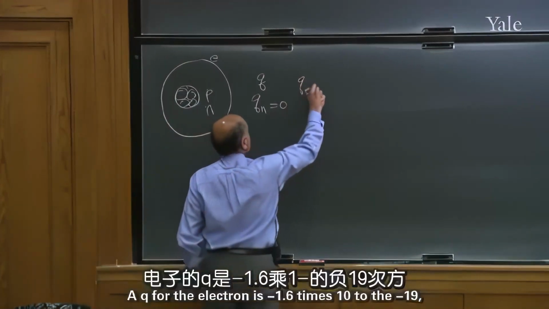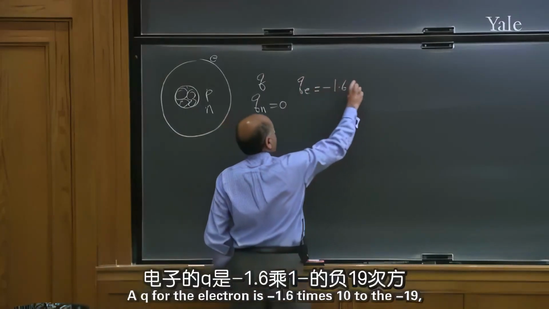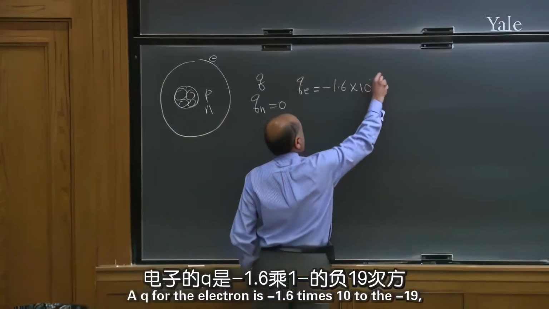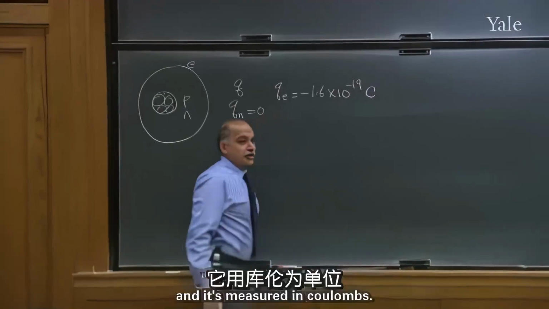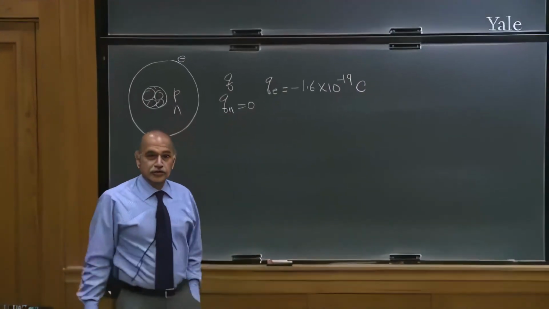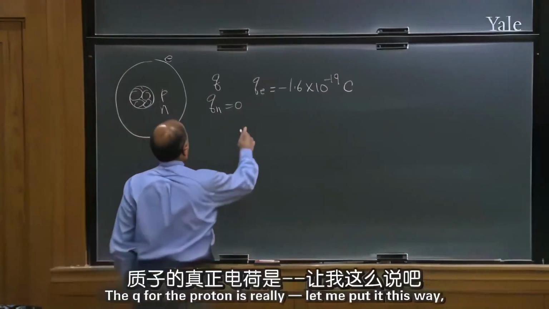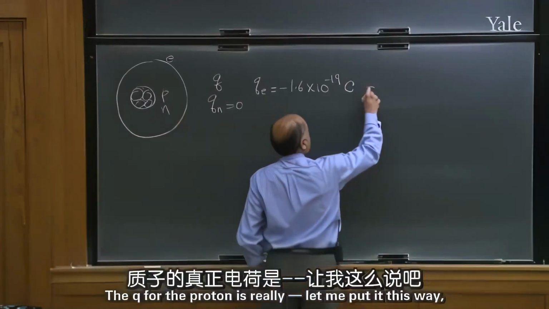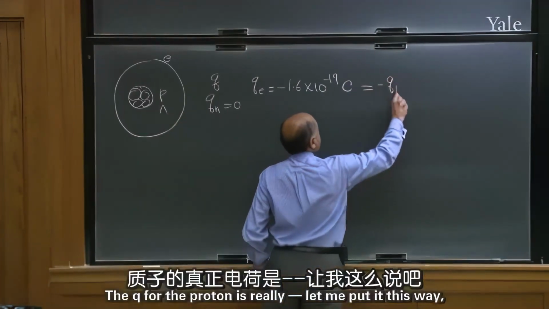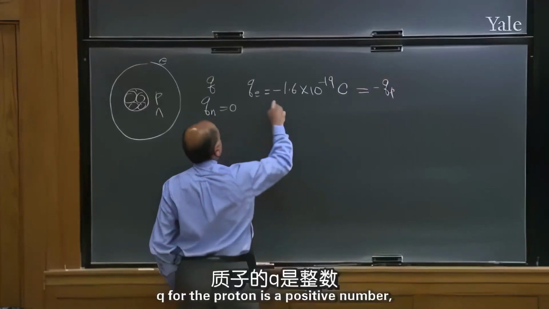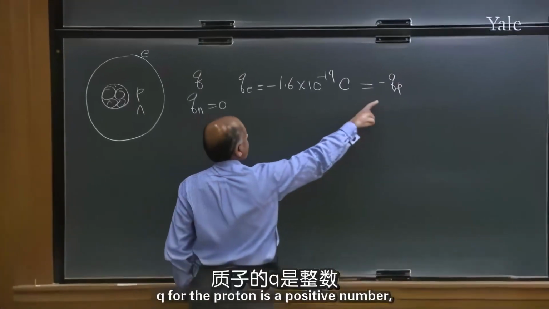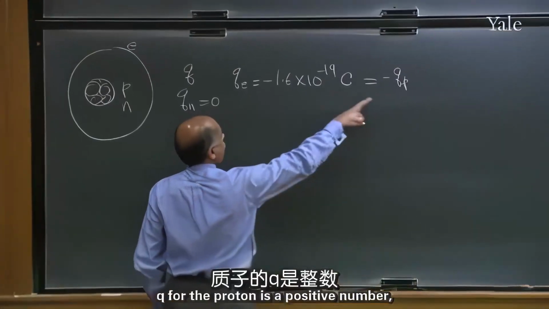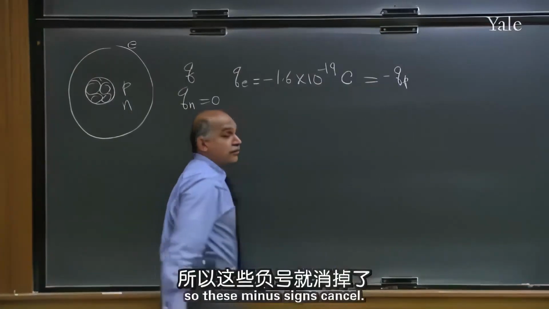Q for the electron is minus 1.6 times 10 to the minus 19, and it's measured in coulombs. The Q for the proton is really, well, let me put it this way. Q for the proton is a positive number, so it's really these minus signs cancel.